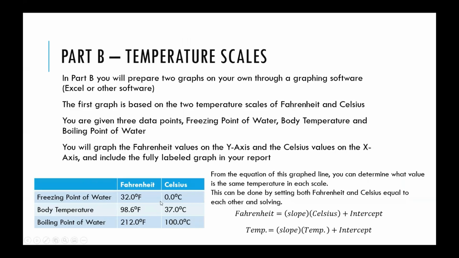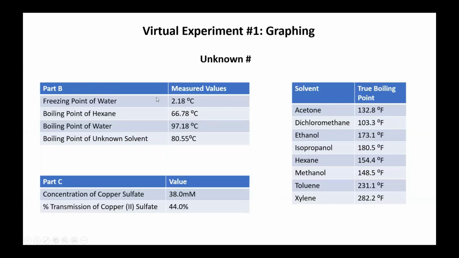The correct freezing point of water is 0 degrees Celsius. The correct boiling point of water is 100 degrees Celsius. But in this case, the measured freezing point was 2.18, and the measured boiling point was 97.18.